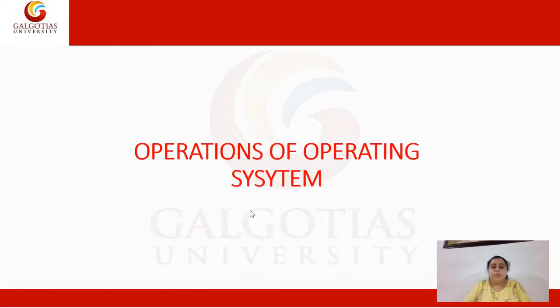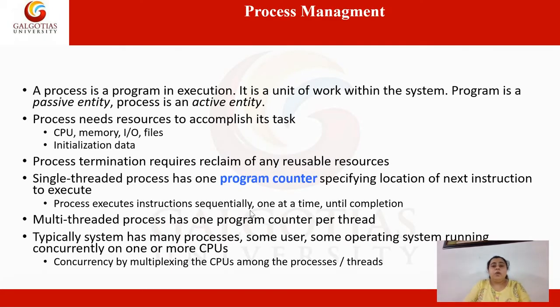Now, what are the operations of an operating system? Let's talk about the operations of an operating system. The first and most important one is process management. Now, what do you mean by a process? A process is a program under execution.